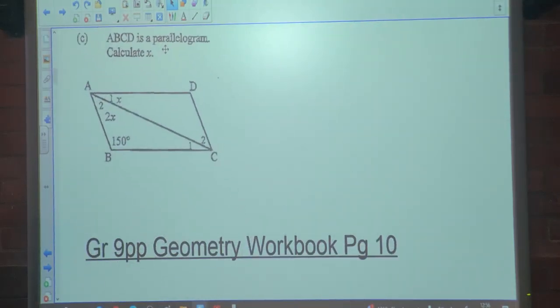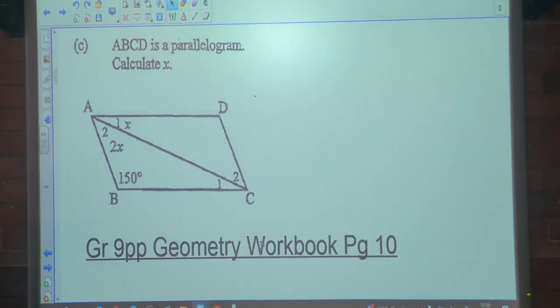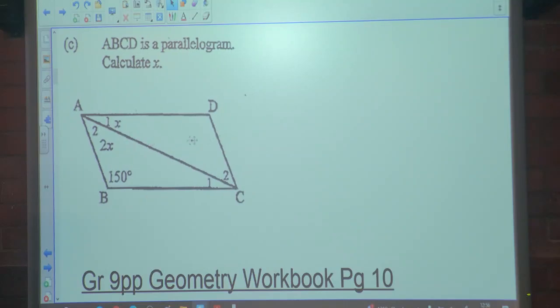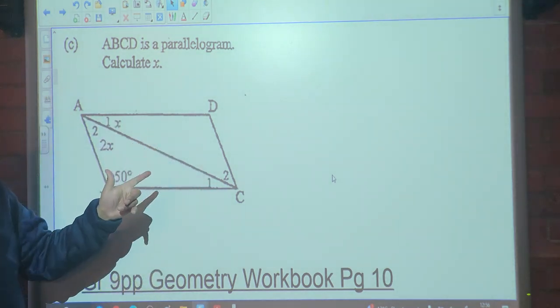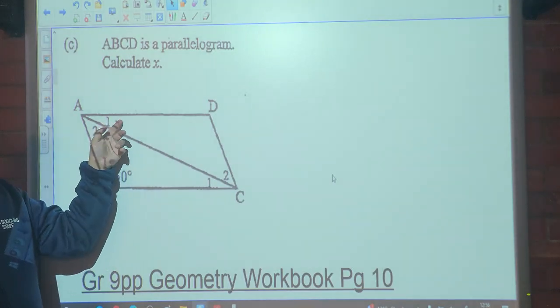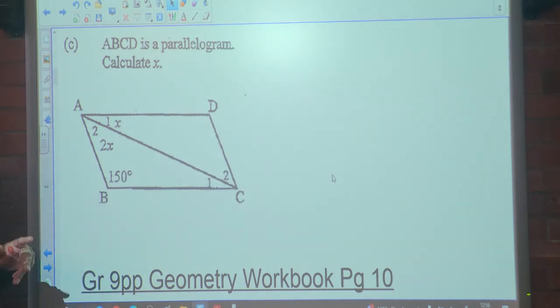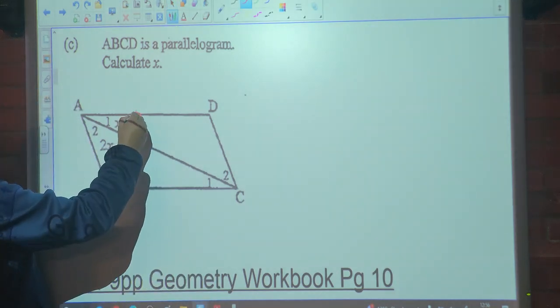Look at C. Here we are told that ABCD is a parallelogram. Calculate x. If this is a parallelogram, what do we know? We know four things. Two pairs of opposite sides are equal. Two pairs of opposite sides are parallel. Opposite angles are equal. And the diagonals bisect each other. We know that these lines are parallel.